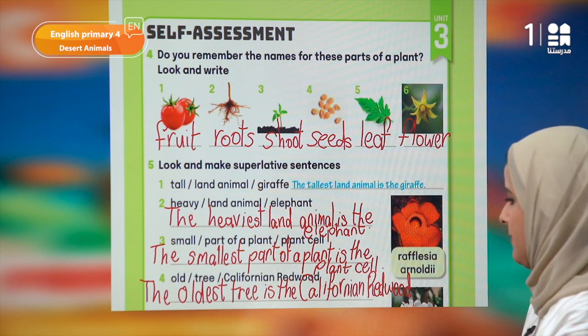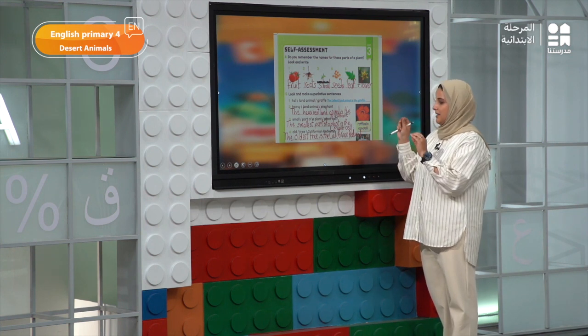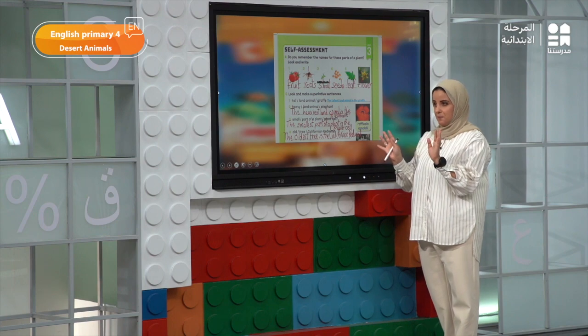My full stop, I will never forget it. Can we rephrase the sentence? Can we write it in another way? Yes, we can. We can say the Californian redwood is the oldest tree. Very good, my dear boys and girls.